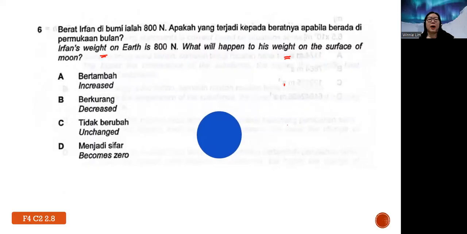When you are at the surface of Earth, or like astronauts moving to other planets, when you are getting away from the Earth, the force towards this Earth is getting weaker, or we say the gravitational field strength.